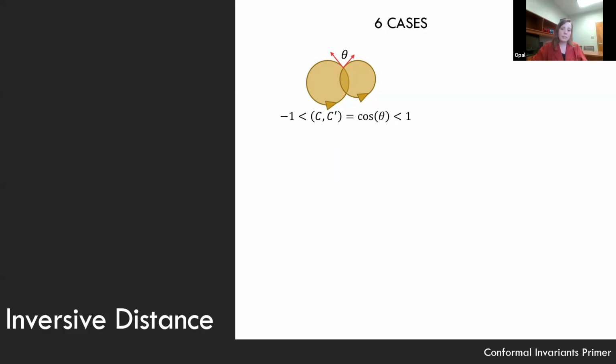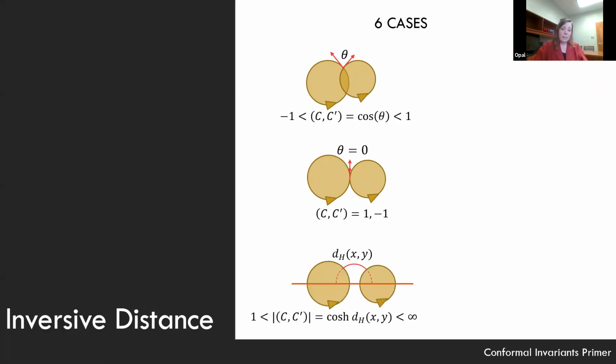So it's between -1 and 1 when they're intersecting. And of course, it's 1 or -1 when they're tangent, considering whether the angle is 0 or 180 degrees. And when the circles are disjoint, then it's slightly different, but still similar looking.